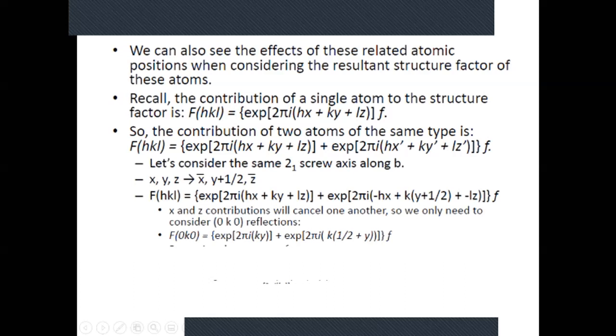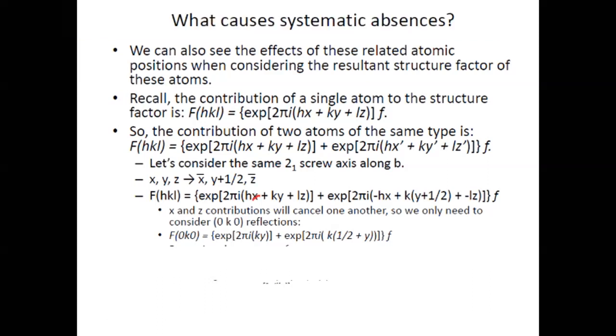What happens here is that since X and Z become negative, the X components and the Z components cancel out. So we did a screw axis, X and Z become negative, there's no translation, Y is translated, so we can automatically remove the X and Z components from the 2 atoms.